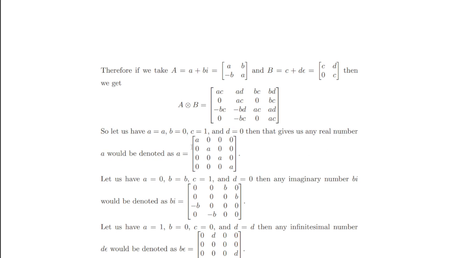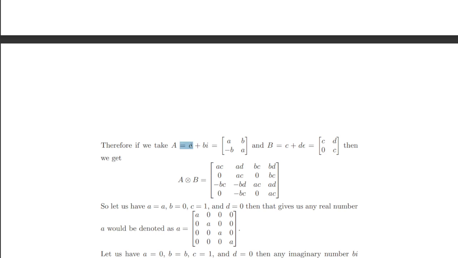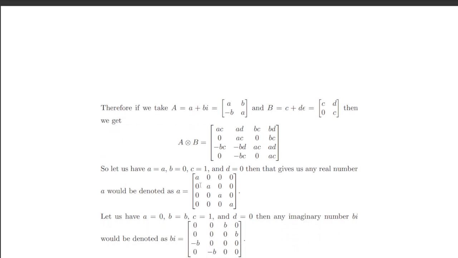This would give us any real number. Again, we get A times C is the real number portion, right? So A would give us our real number, which is just the identity diagonal of the matrix.